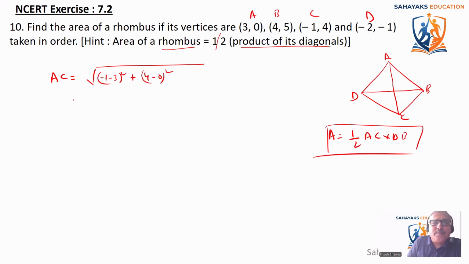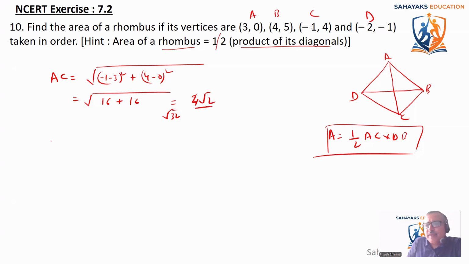So this is the distance of AC. It's (-4) square, which is 16, plus 4 square, which is 16. So it comes out to be 16 plus 16, 32. I just write it as square root 32, and if we compute it further, it comes out to be 4 root 2, because 16 will come out.